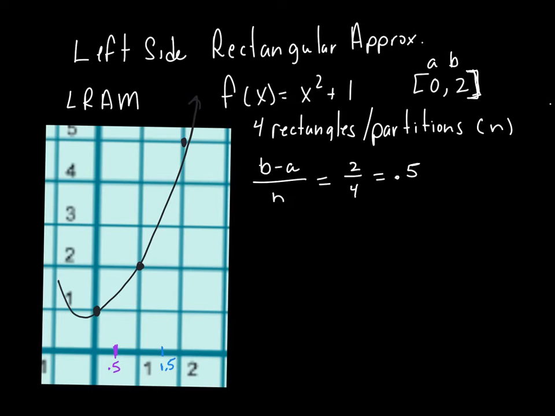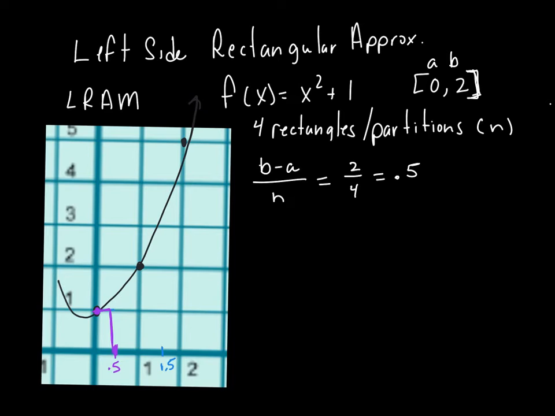Now, with the right hand approximation method, we used everything on the right. Left hand, we start from the left side over here. So I'm starting at the bottom, the left hand side, which is why I am using this point here instead of the one I had in the middle.